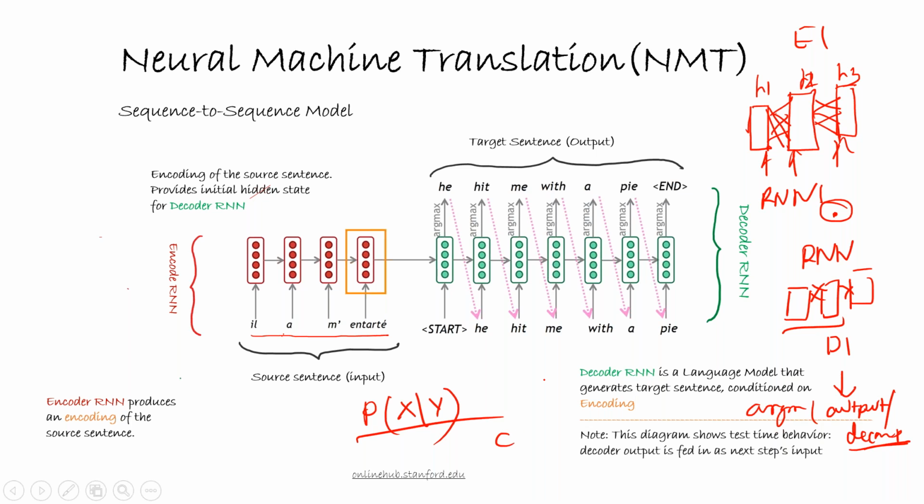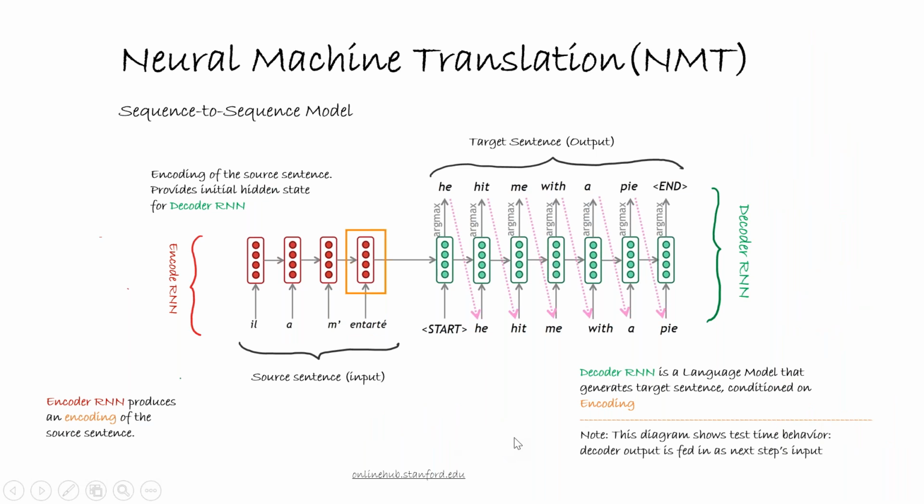When we have a conditional probability applied, then we can talk about the decoder. We also had the decoder concept earlier, but we did not use a neural network. Now we are using a neural network here, specifically an RNN, and let's say I have a sentence input. It goes as an input to this RNN, and the output gets fed into the decoder. Let's say it has a start and an end point, right?